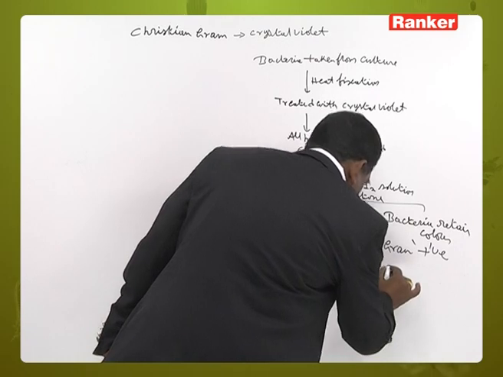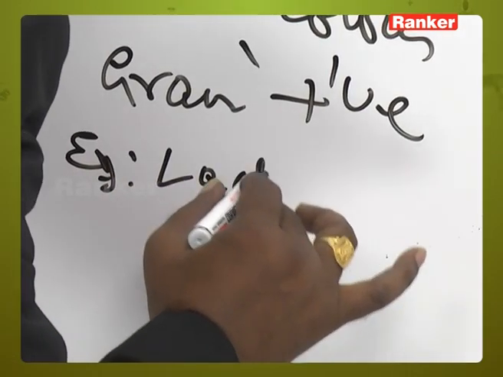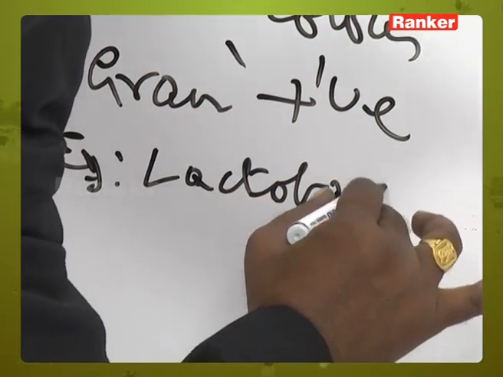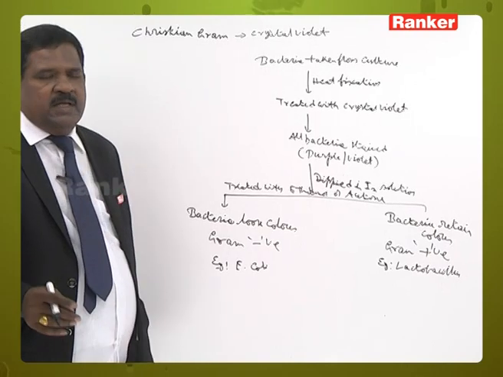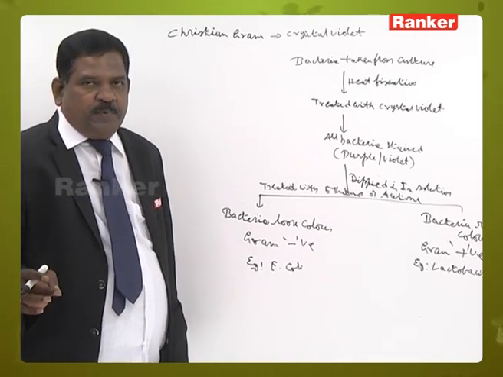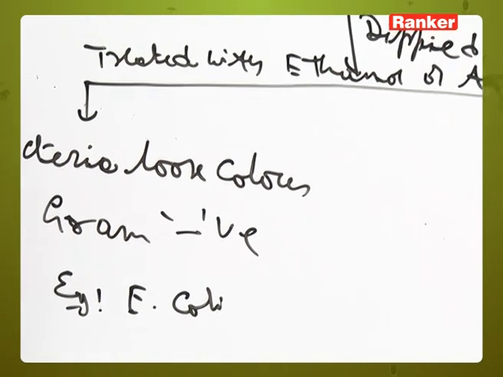Example, Lactobacillus. By this simple procedure, Christian Gram classified bacteria into two types, gram positive and gram negative.